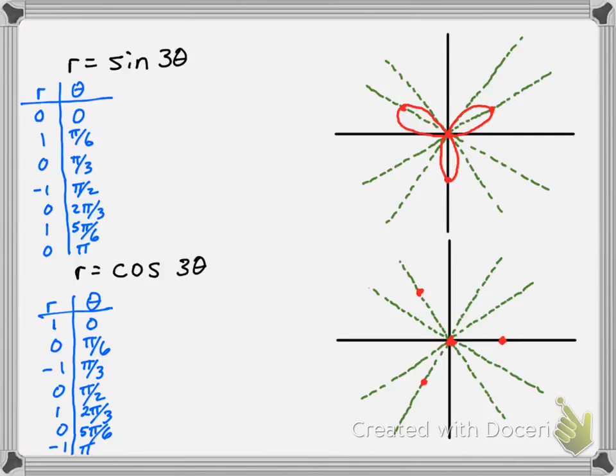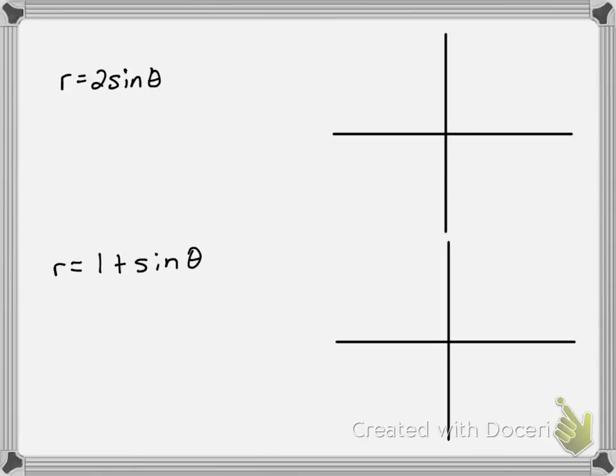So this is kind of what your graph is going to look like. Once again, you're going to have 3 petals on this. Okay. All right, so let's take a look at the next problem.